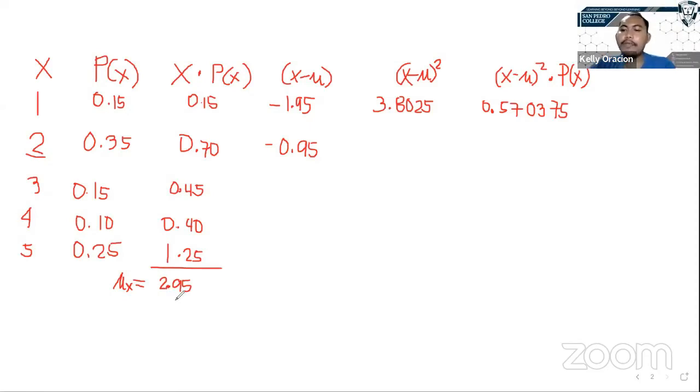Then square it, that's 0.9025. Multiply it by the probability. The probability is 0.35.